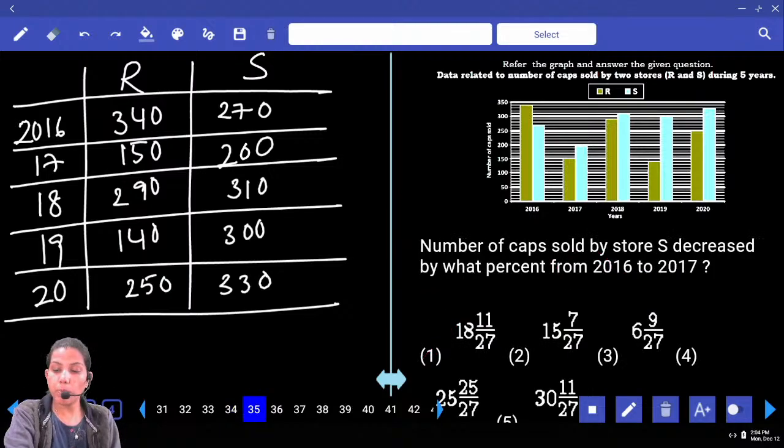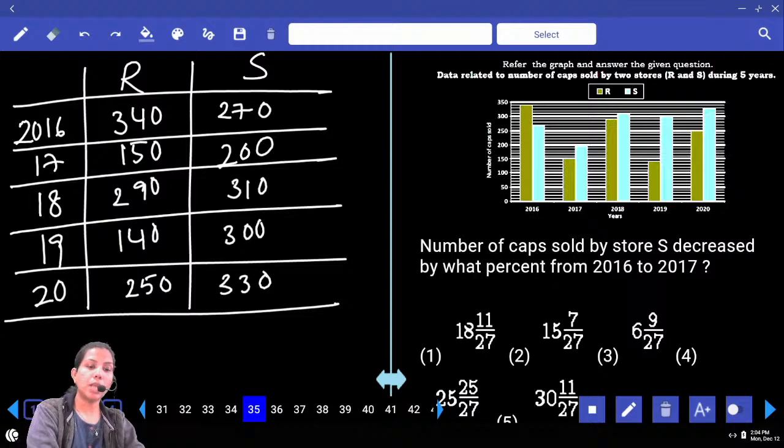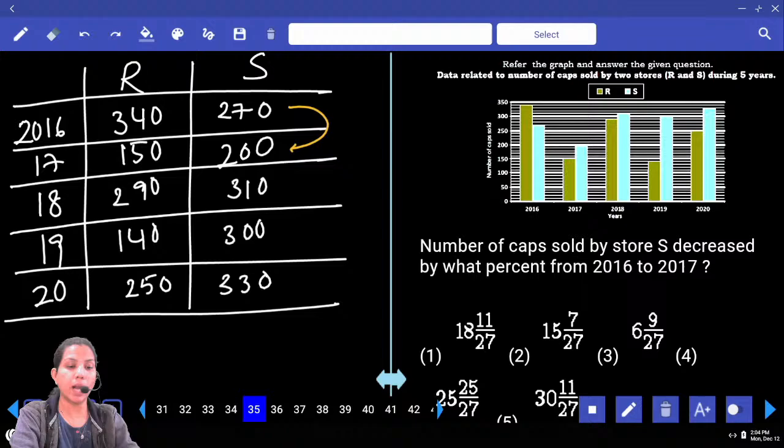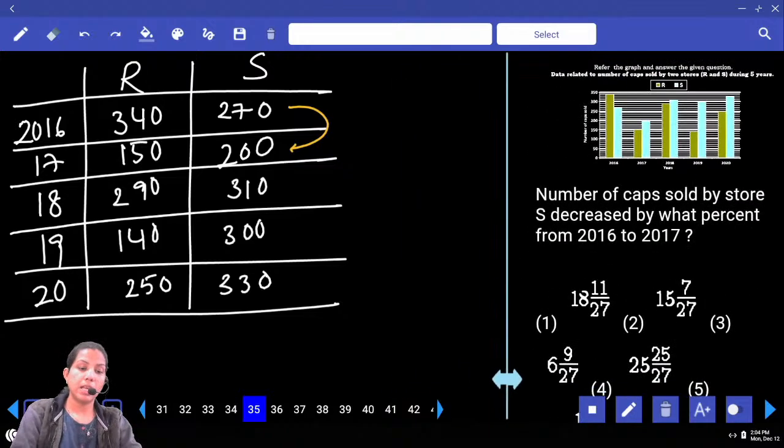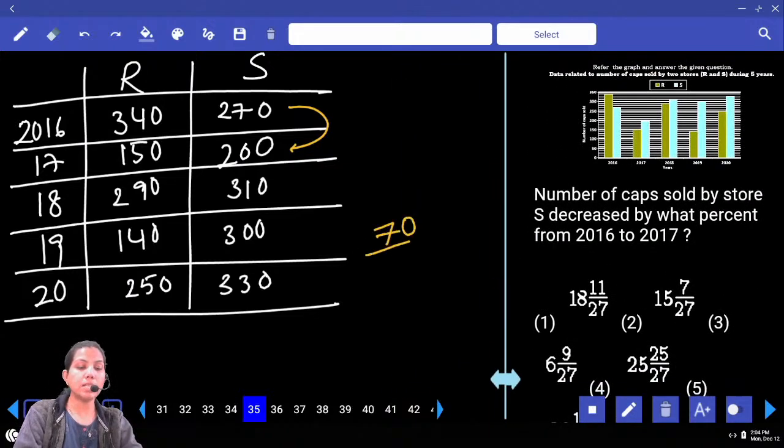Next, question number 35. The number of caps sold by store S decreased by what percentage from 2016 to 2017? The 2016 value is 270 and the 2017 value is 200. How much is the decrease? 70. What is the denominator value, 270 or 200? 270.